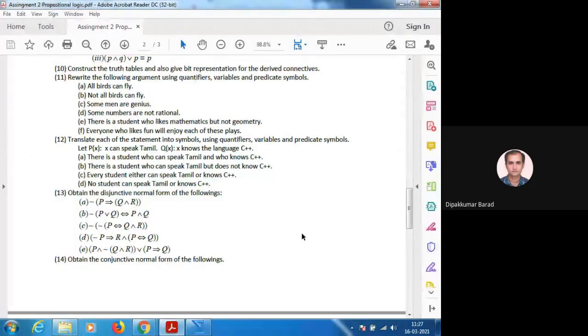So you have to remove implies and double implies by writing a logically equivalent statement which contains and, or, and negation.